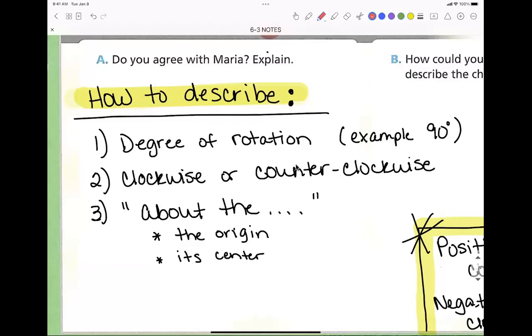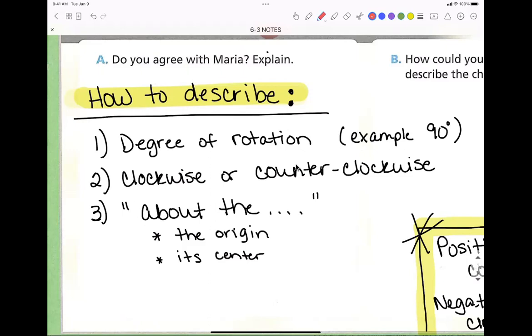Because it rotated about the pinpoint, the part that didn't move was the center of the triangle. If it rotates about the origin, it changes completely, right? Round things tend to rotate about the center, not all round things, but like we're going to do a square here in a minute. Triangles usually don't rotate about the center, because it's kind of hard to get the center of a triangle exact.